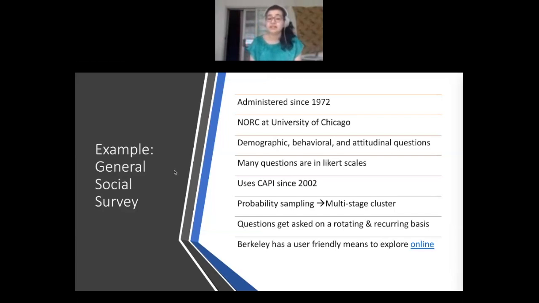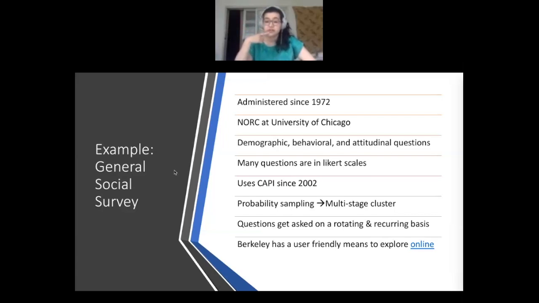The way that it does that is it uses probability sampling and multi-stage clustering. The questions that they ask get asked on a recurring basis. They don't get asked every single year, but they get asked every 3 years. So you can do some trend analysis of the attitudinal behaviors and opinions across time.